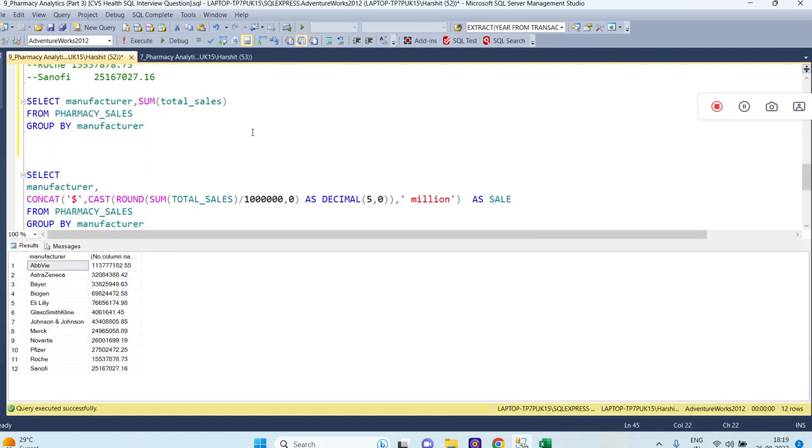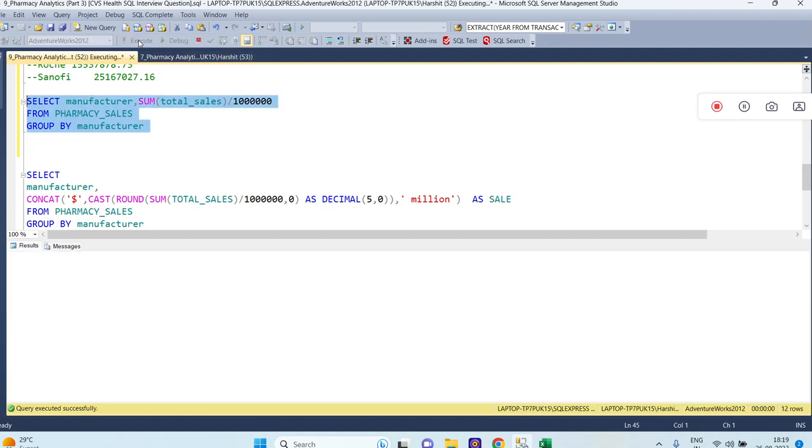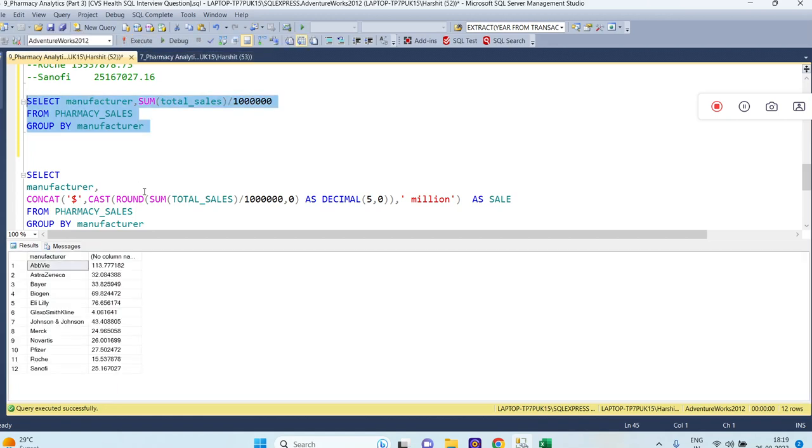Now what we need to do, we need to divide this value by 10 lakhs, so that we got the answer like 113.777.